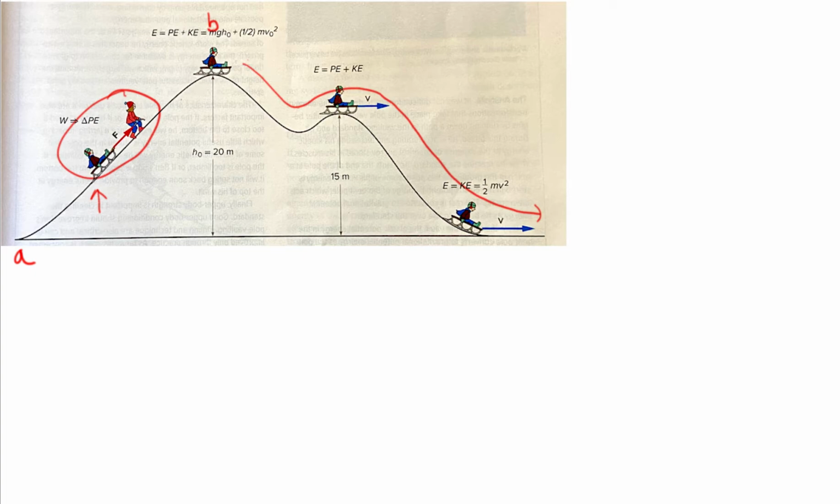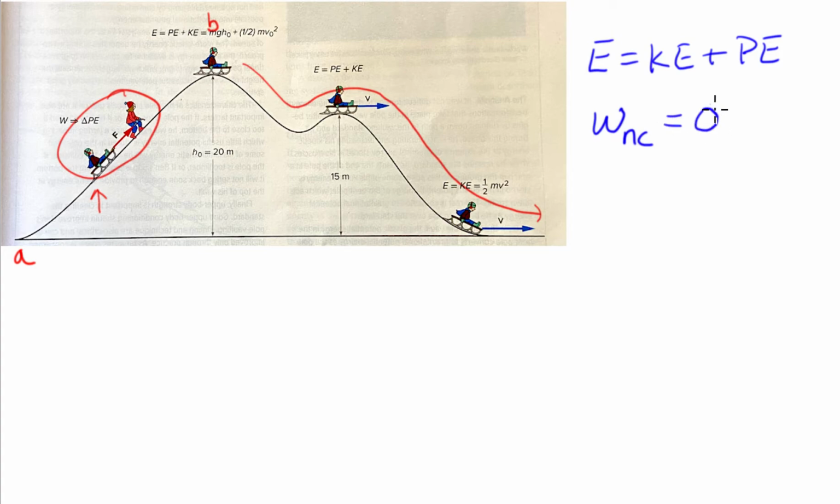Now I want to remind you of something, that the total mechanical energy of a system is equal to the sum of its kinetic energy and its potential energy. And, to reiterate, mechanical energy is only conserved when any non-conservative forces are inactive.